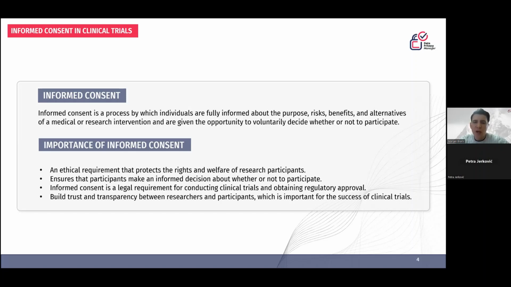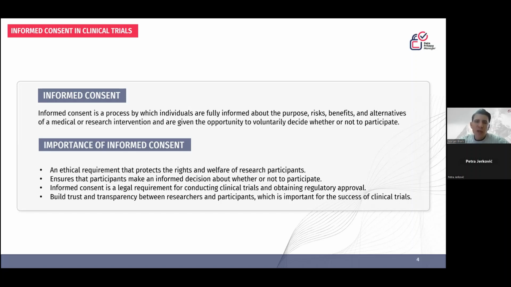So it is very important that the consent form explains how participants' data will be collected, stored, and shared. And participants should also be informed of their rights to access and control their data.